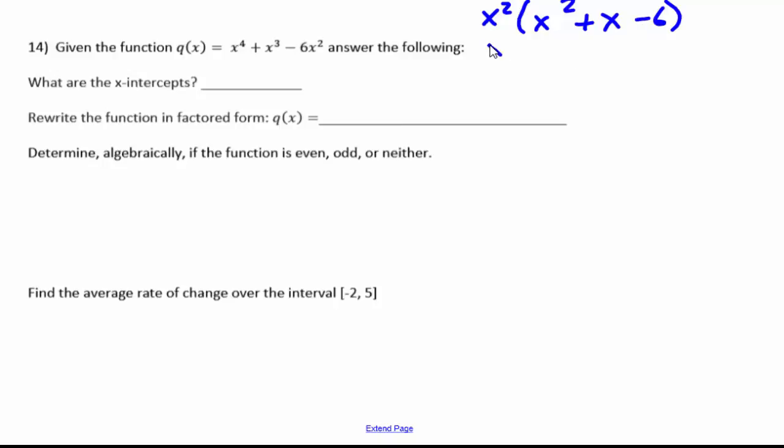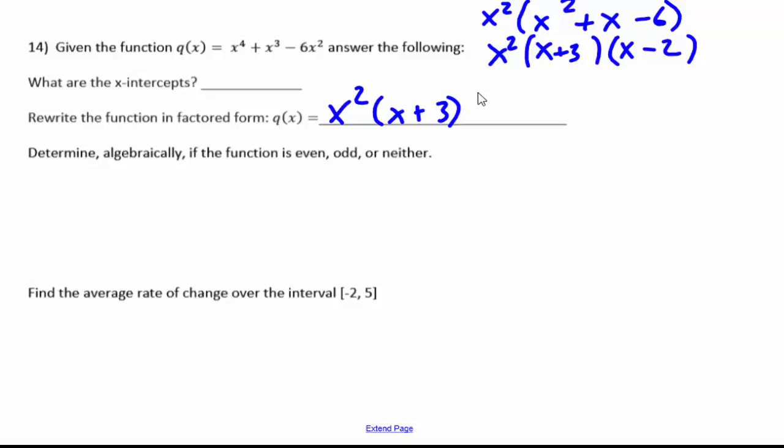And then that can be factored further: x squared, x plus 3, x minus 2. Okay, so now that is the factored form: x squared, x plus 3, x minus 2.